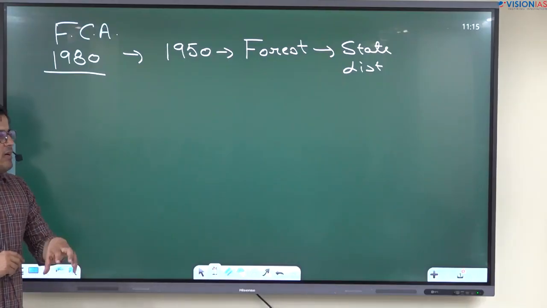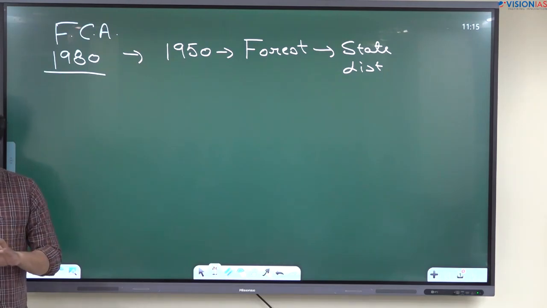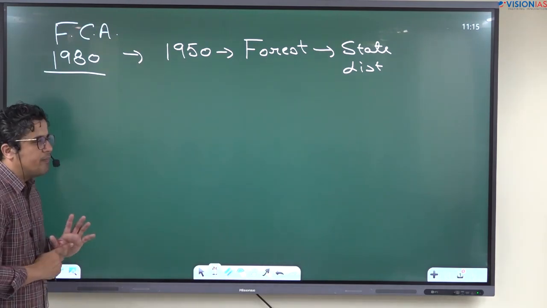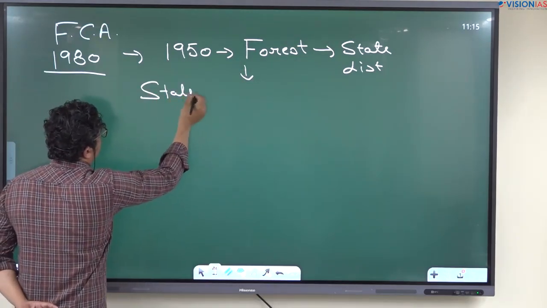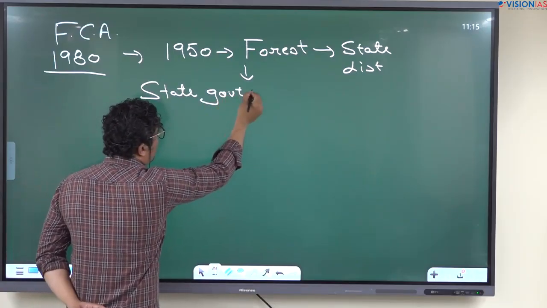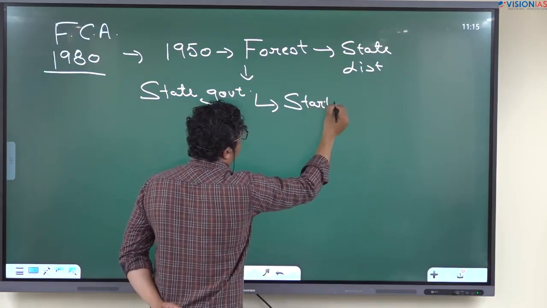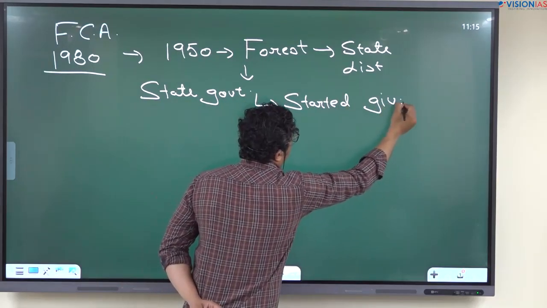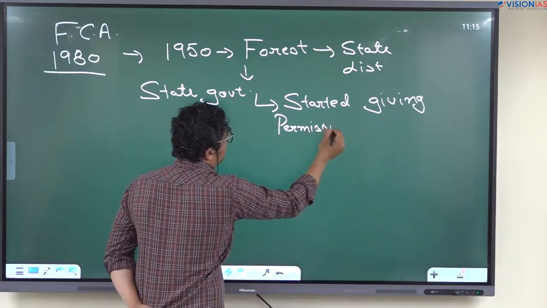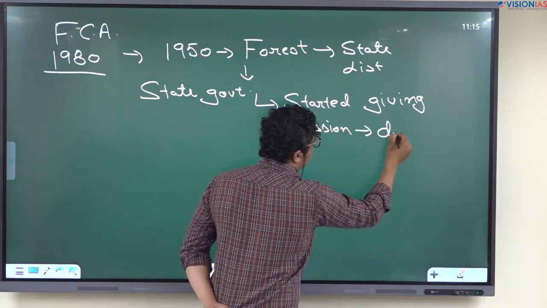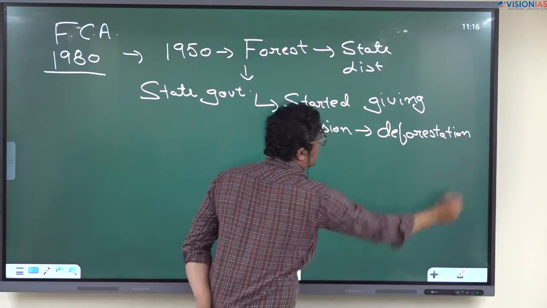If a subject is in the state list, what does it mean? State government can take any decision. They need not ask the center. So what happened? Due to this, state governments all over India started giving permission for deforestation.